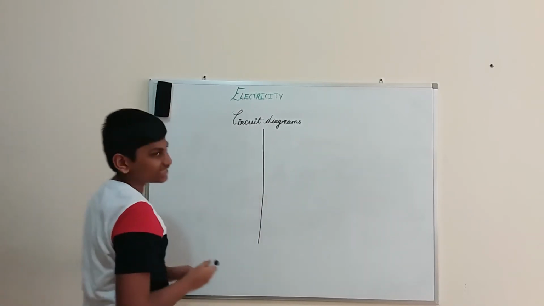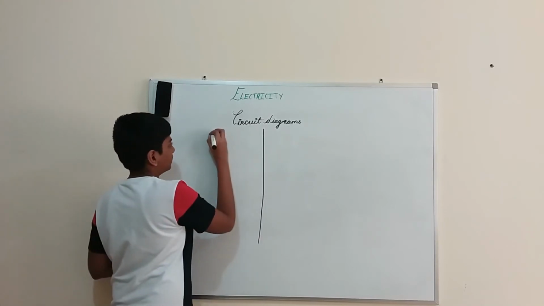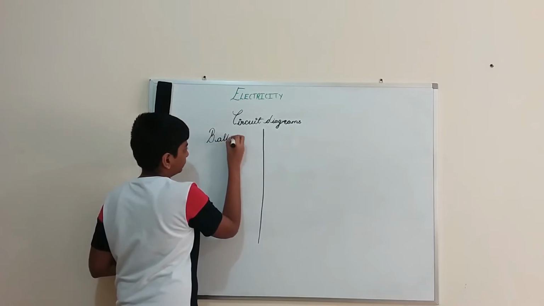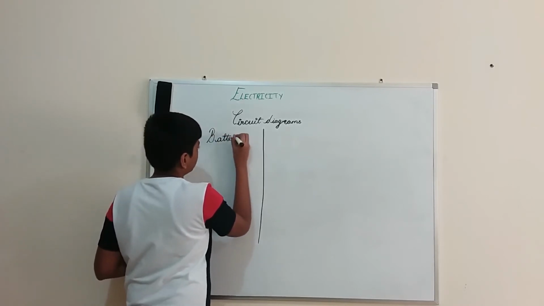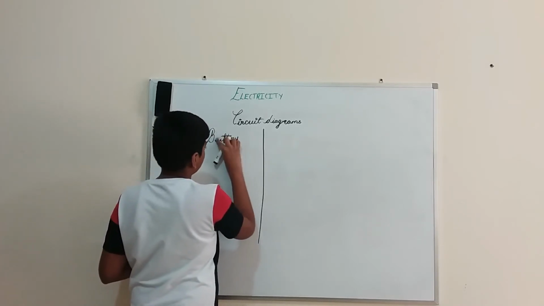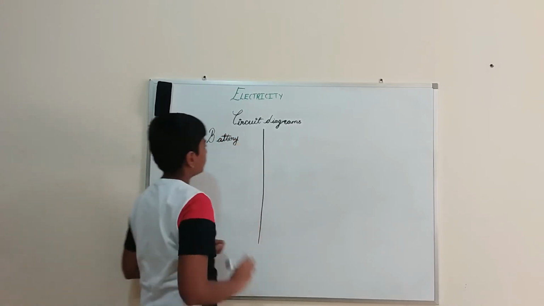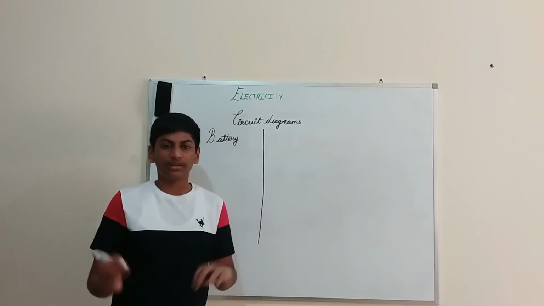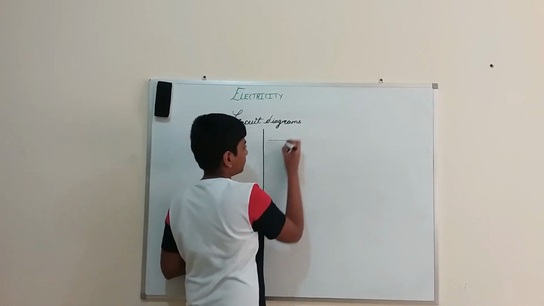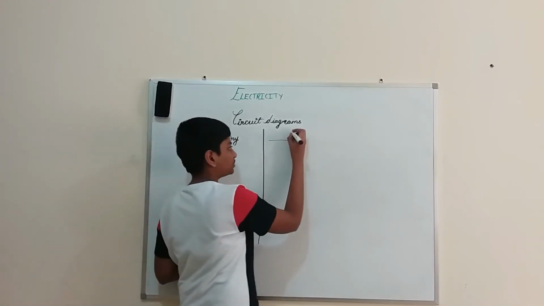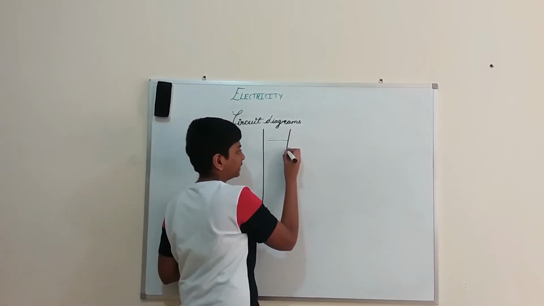So the first thing is the battery or the cell. Let's check how to represent a battery in a circuit. A battery in circuit form has a positive and a negative terminal, right? The positive will always be greater than the negative one.